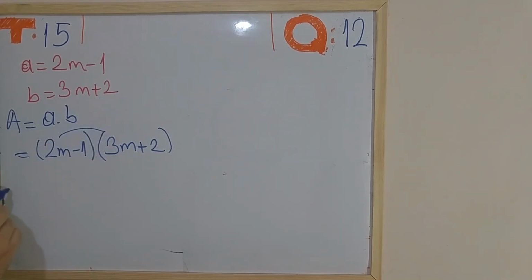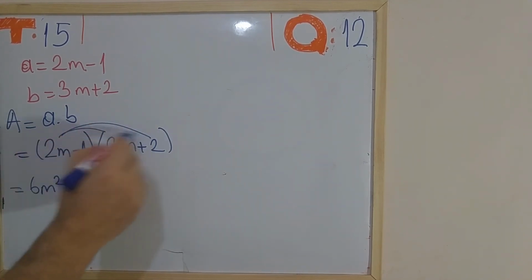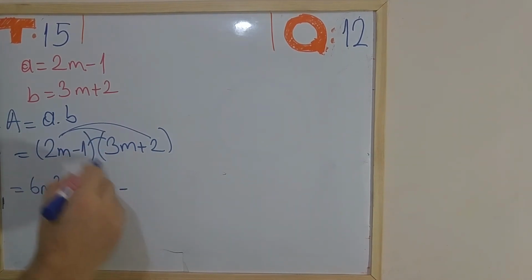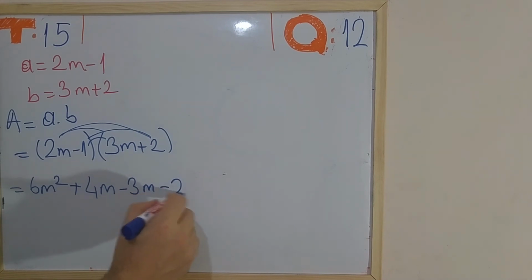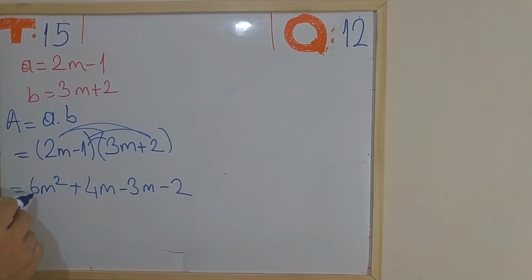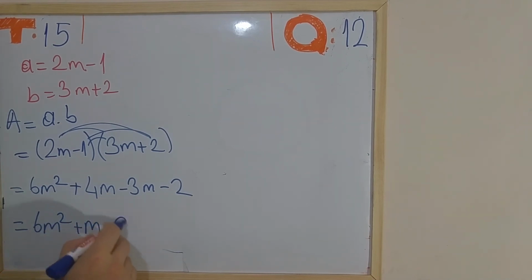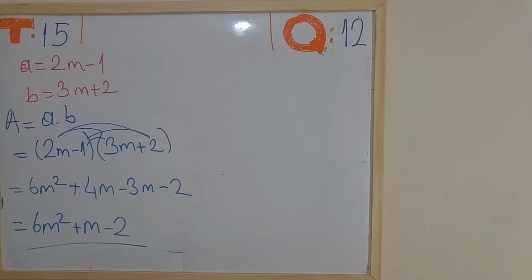What I have here is going to be equal to 6m squared plus 4m minus 3m minus 2, which is going to be equal to 6m squared, 4m minus 3m is equal to plus m, minus 2. This is the answer to my question.